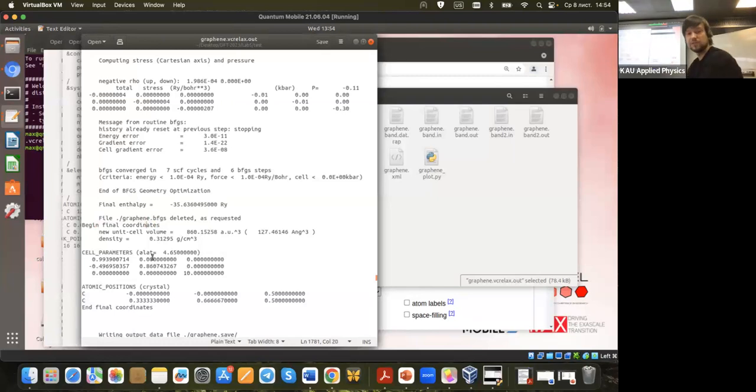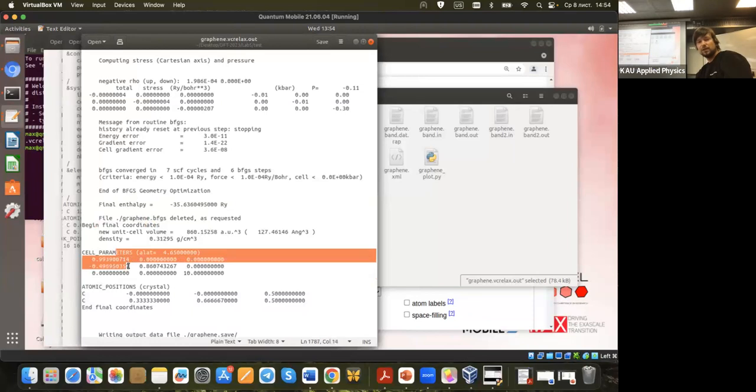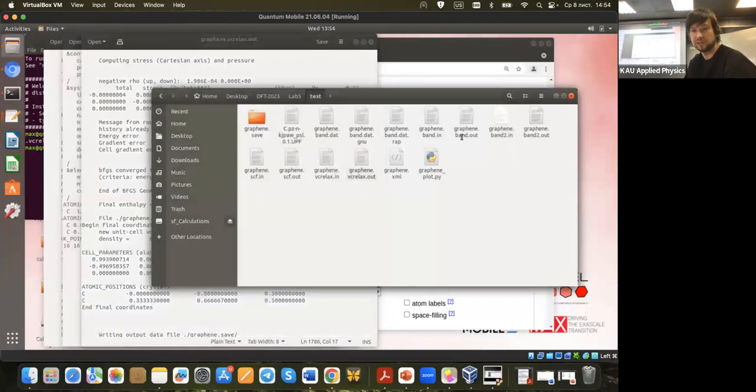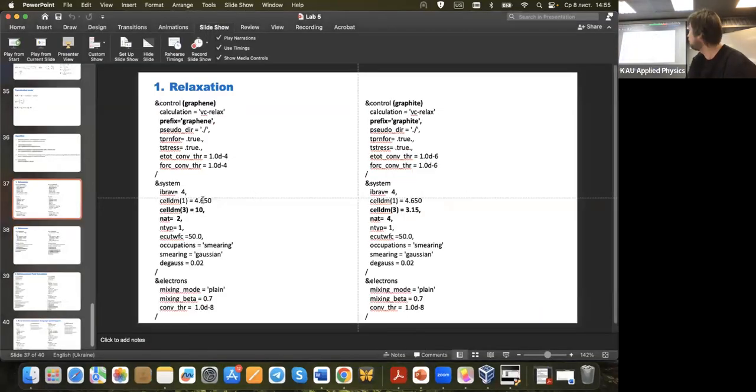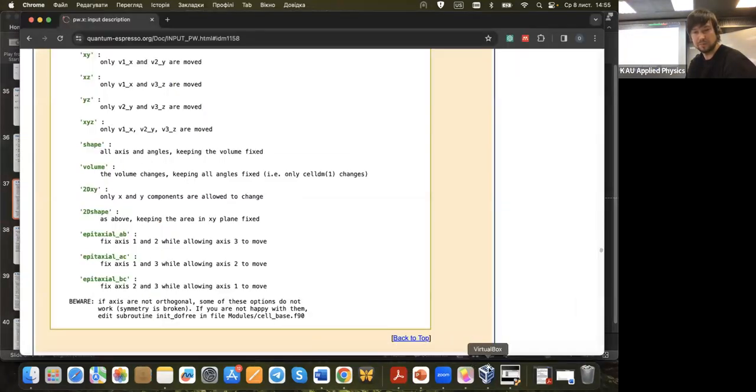Here we don't have this sodium-1 and sodium-3 separated, but we have this matrix for cell parameters. A lot. It means a atom of sodium-1, which we typed. So we have started from this parameter. We have started from 4.65.